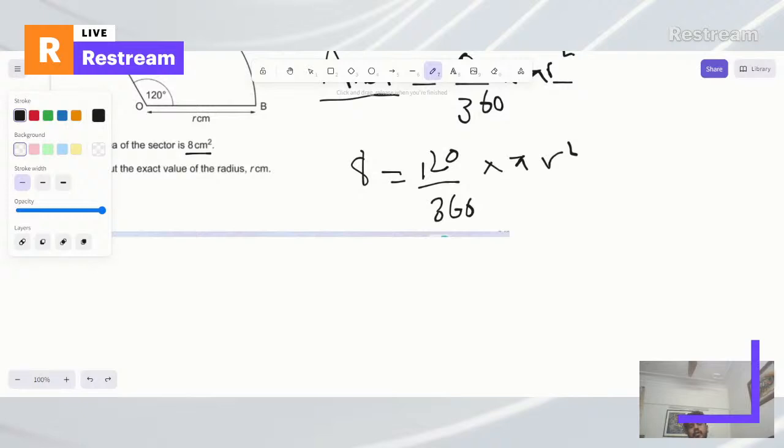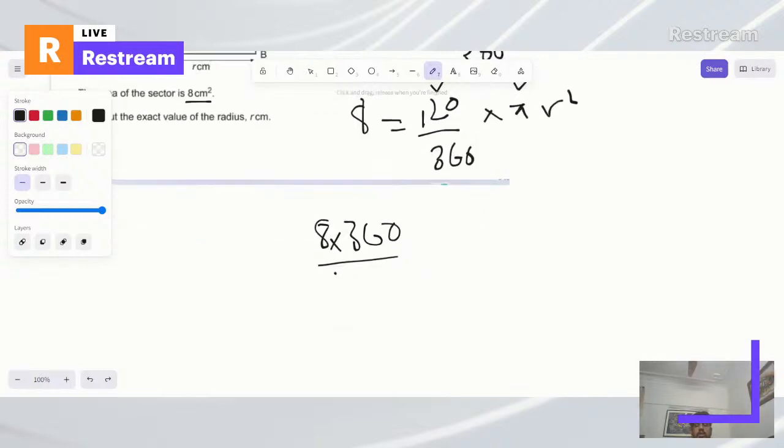Yeah, now let's solve it. Say 360 goes to the other side, it's going to be 8 times 360 upon, now the numerator 120, and pi moved to the denominator on the other side, so it would be 120 times pi, and it would have r square over here.